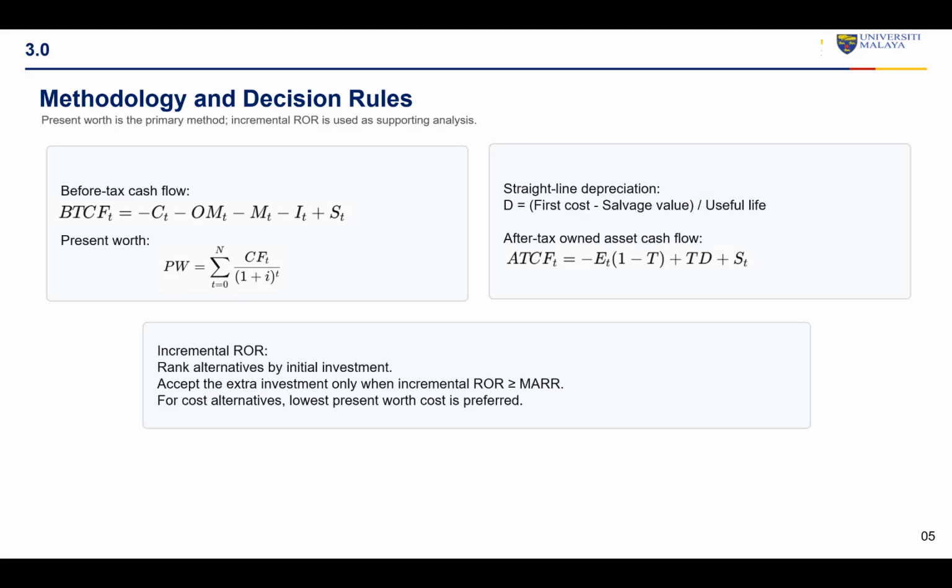Therefore, incremental ROR is used. The extra investment is accepted only if the incremental ROR is greater than or equal to the 10% MARR. For after-tax analysis, straight-line depreciation and the tax saving from deductible expenses are included.